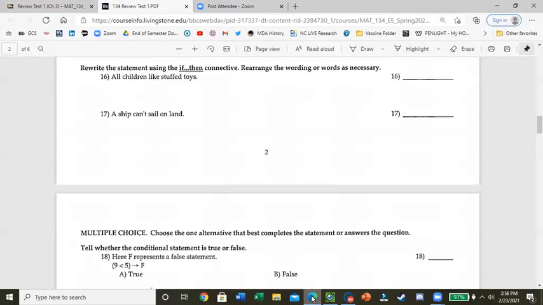Okay, next one. A ship can't sail on land. Okay, so we want to rewrite that as an if-then statement.